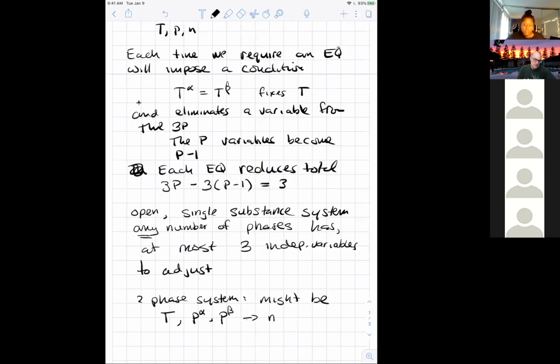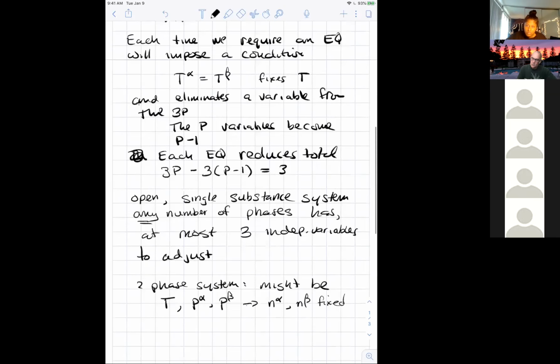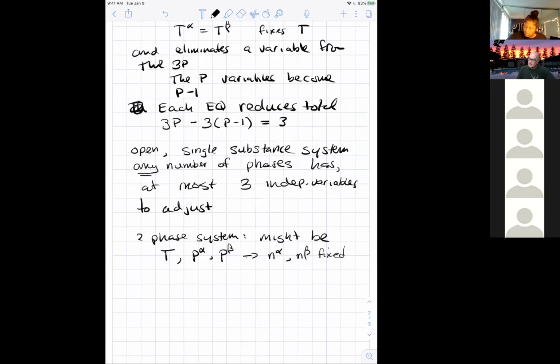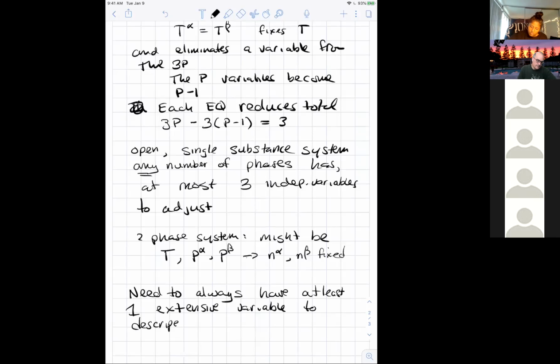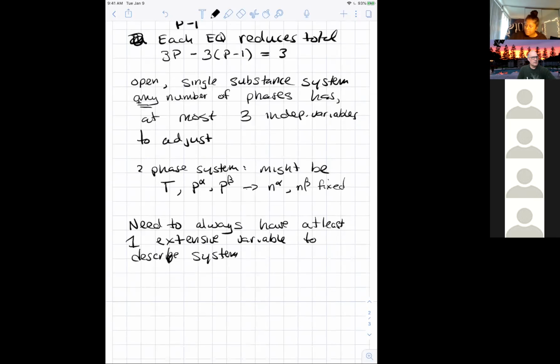What this is going to do is fix the amount. So it turns out that we need to always have at least one extensive variable to describe the system. And this seems so intuitively obvious, I don't think we think about it enough, right?